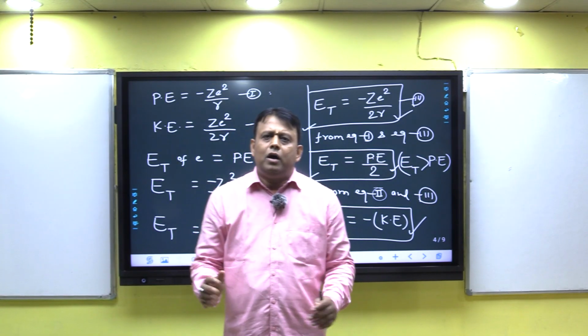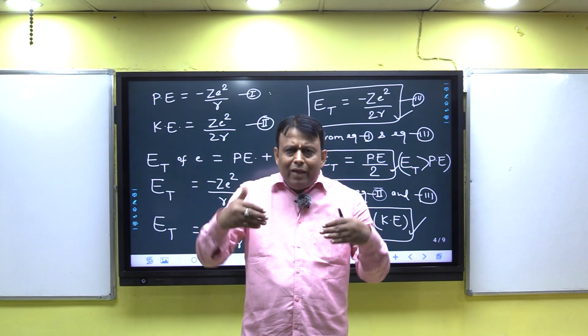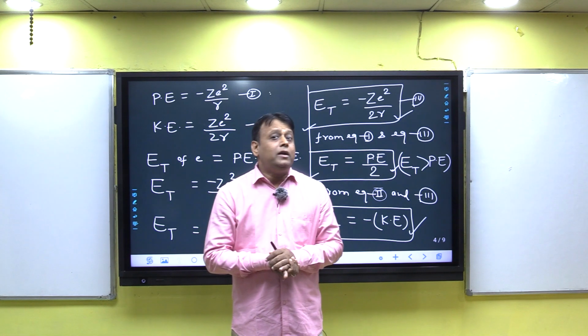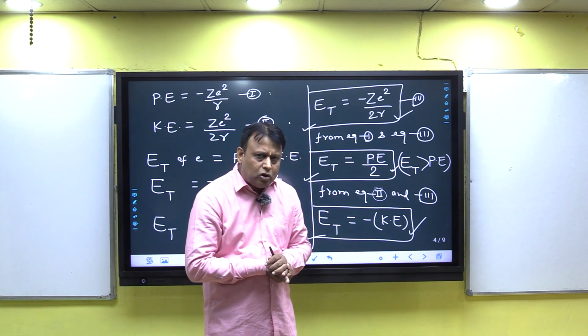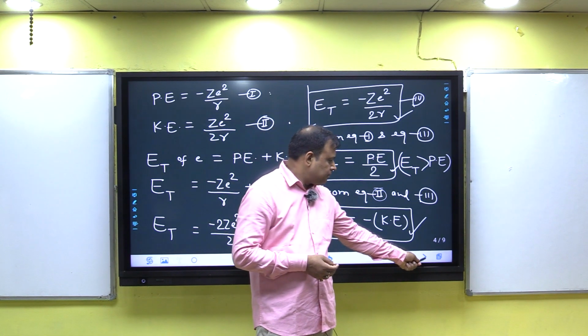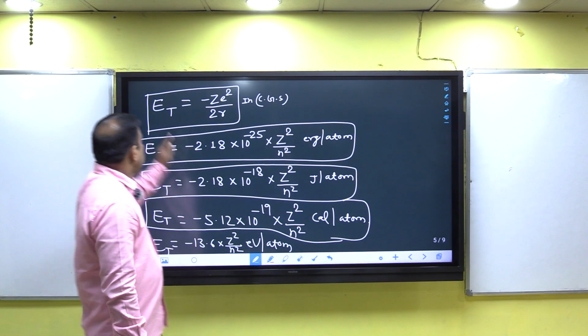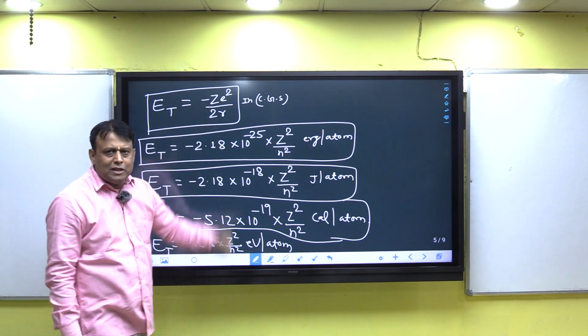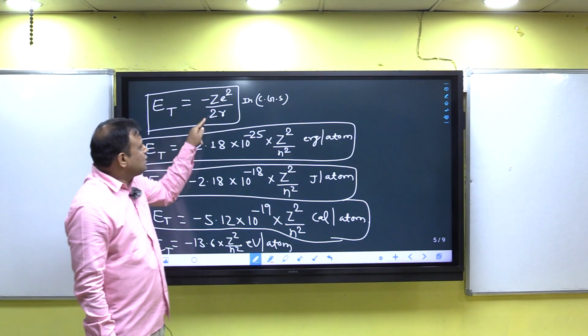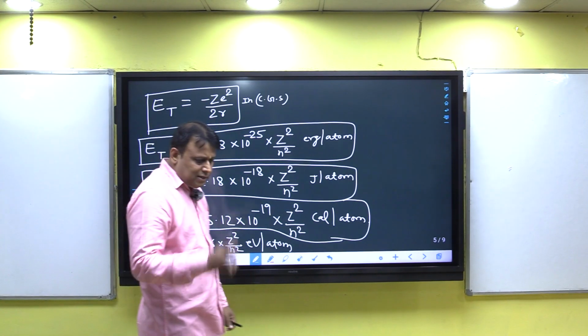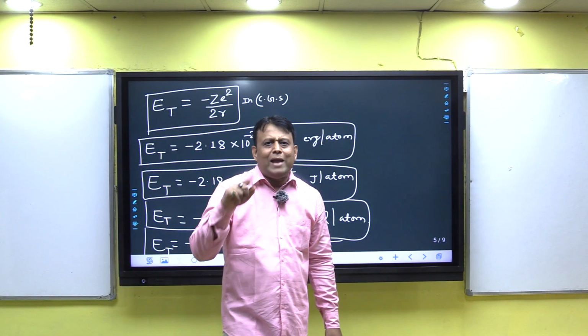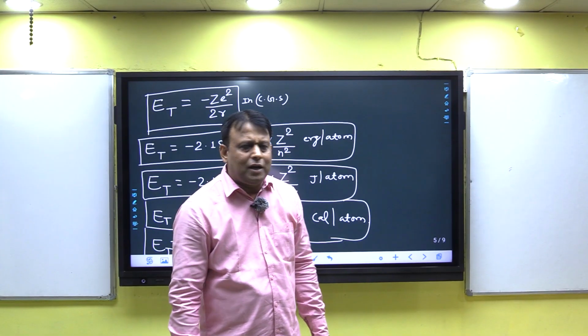Clear? Now I will calculate the total energy of the electron in different units. Listen. We know that total energy, this is equation number third, is minus Ze² by 2R in CGS system. In SI system, the value of K is 1 by 4π ε₀.